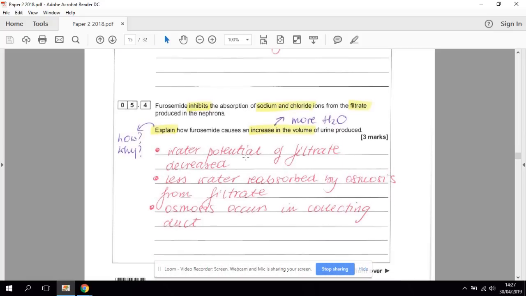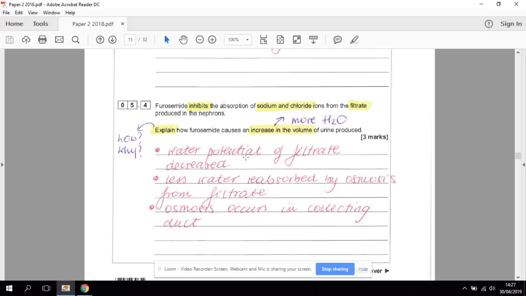5.4, we've got the drug that will inhibit the absorption of sodium and chloride ions from the filtrate, okay, and explain how this drug causes an increase in the volume of urine. Increase in the volume means more water in there. So water potential of the filtrate will decrease.